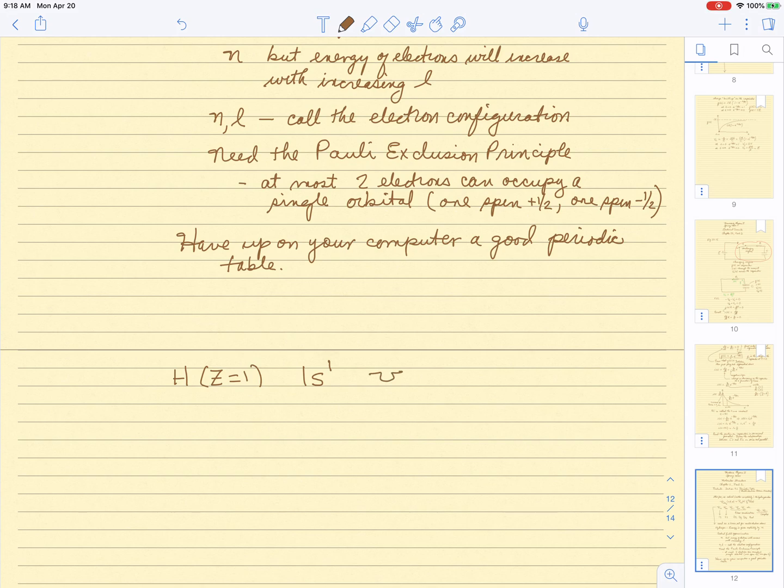And I want you to always be thinking that this is a 1,0,0 wave function in terms of things that we looked at previously. So the instant we go to another electron, helium being Z equal to 2, we ran into this problem before.